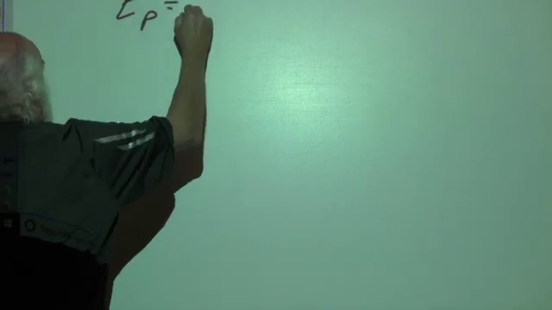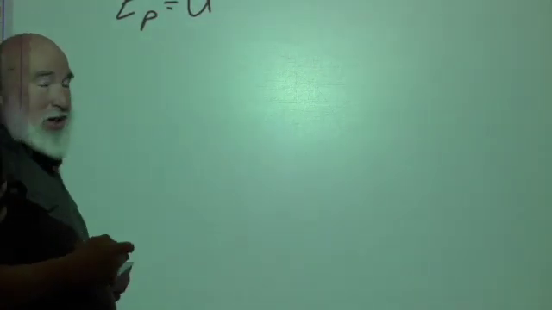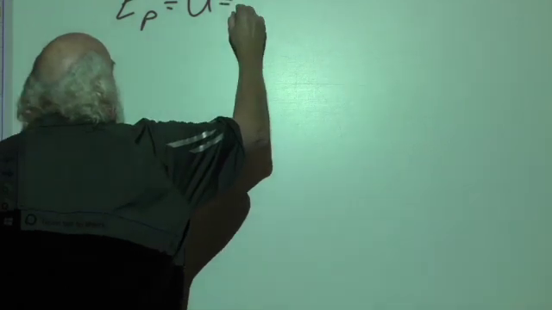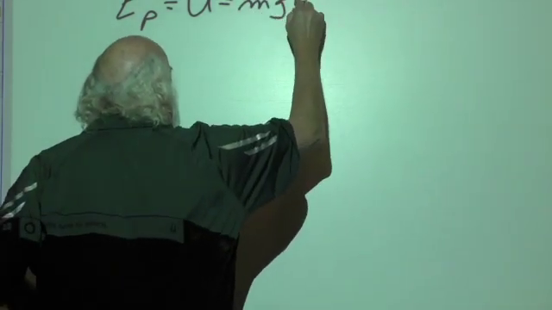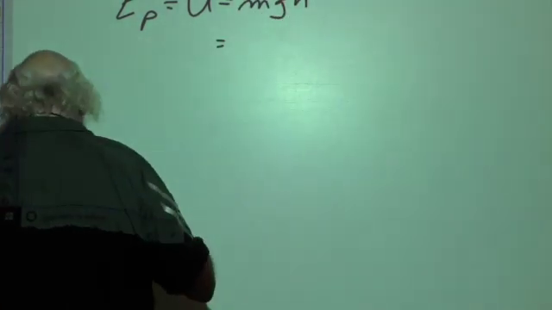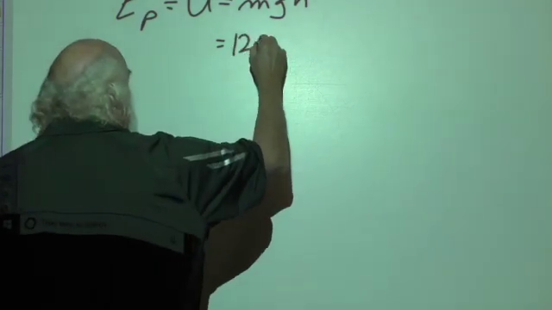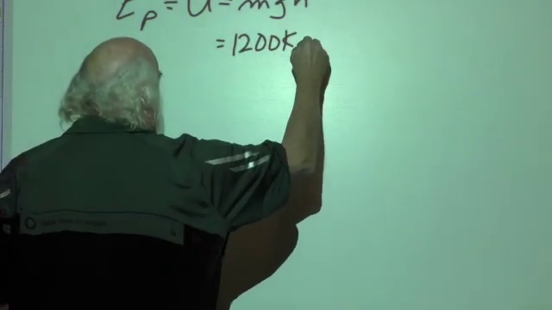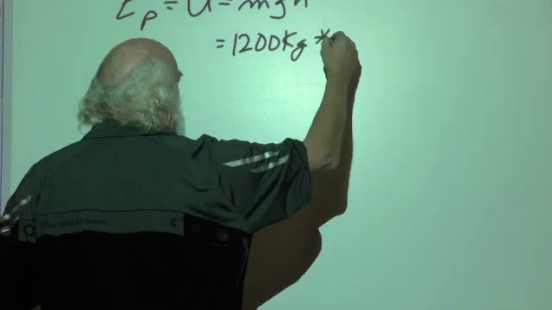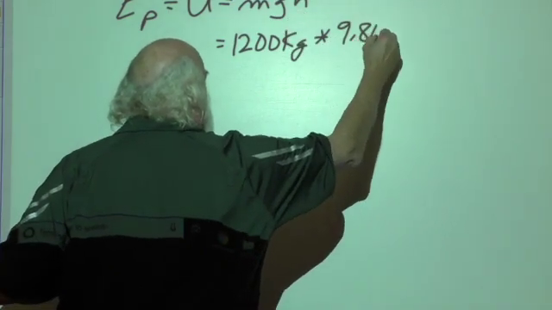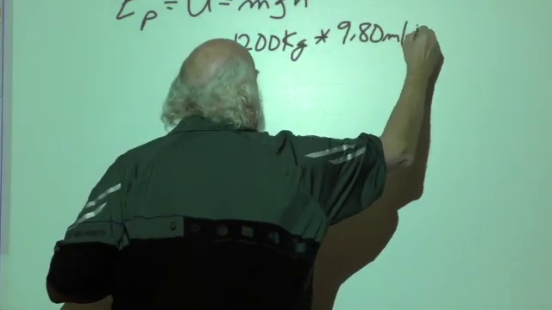Well, we're saying again that E sub P or U is equal to mgh. Well, we know that the mass of the car is 1,200 kilograms, the car and the people together. g is the gravitational acceleration, 9.80 meters per second squared.